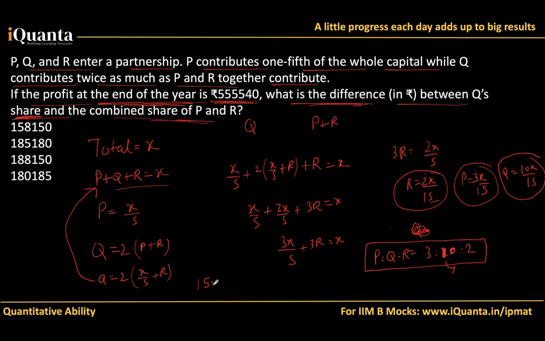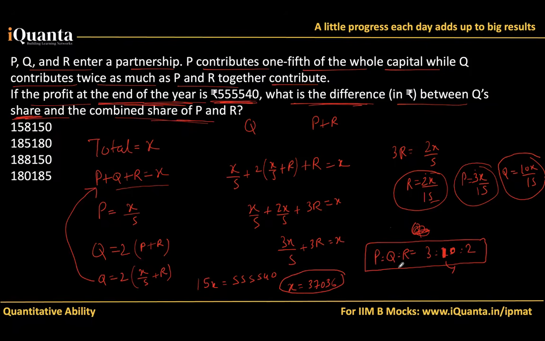So 15x is the total contribution. And total profit at the end of the year will also be related to this 15x, because profit and contribution are in the same ratio. So total profit will also be 15x, and it will be equal to this, right? So can you find out the value of x from here? You can use the on-screen calculator again. You'll get 37036.